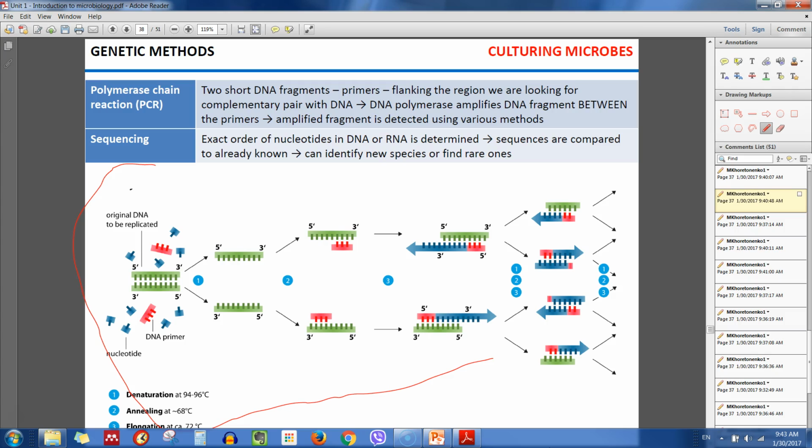This is how it works. Let's figure out what it detects. All living organisms have genomes, right? Let's talk about bacteria. They have DNA genomes. DNA, chromosome, maybe 5,000 nucleotides.